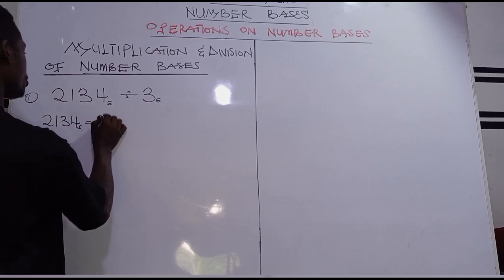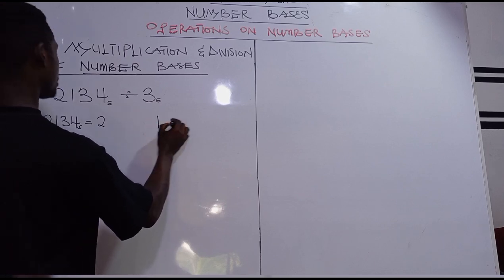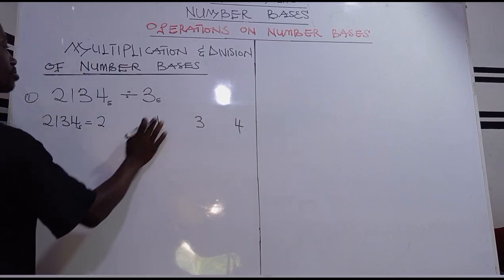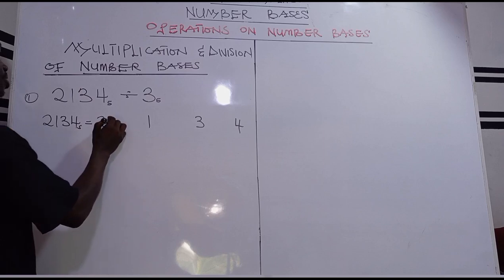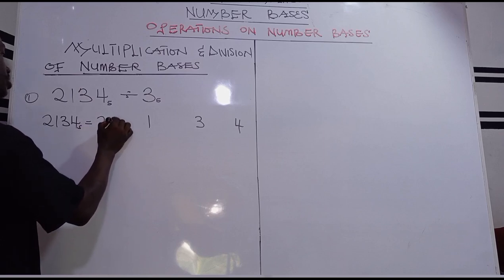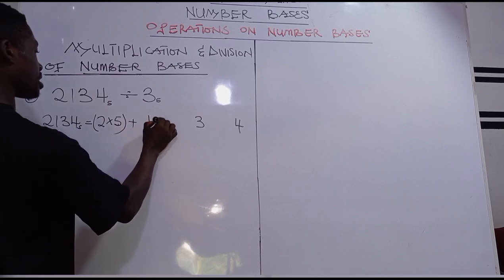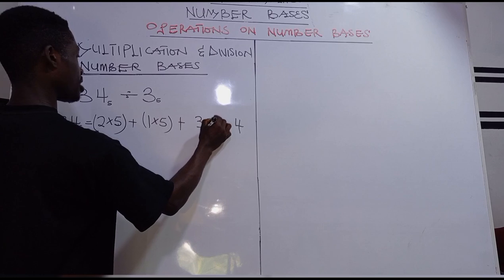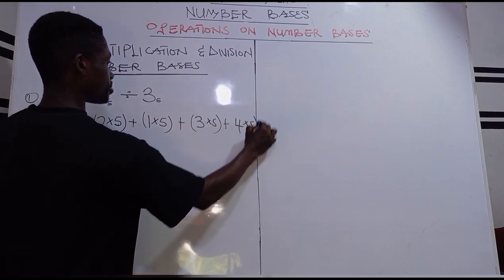So we are going to get 2, 1, 3, and then 4. We are going to multiply each of these numbers by the base given. The base is what? The base is 5, sorry. So multiply here by 5. We sum them, multiply here by 5. We sum them, multiply here by 5. We sum them, multiply here by 5.